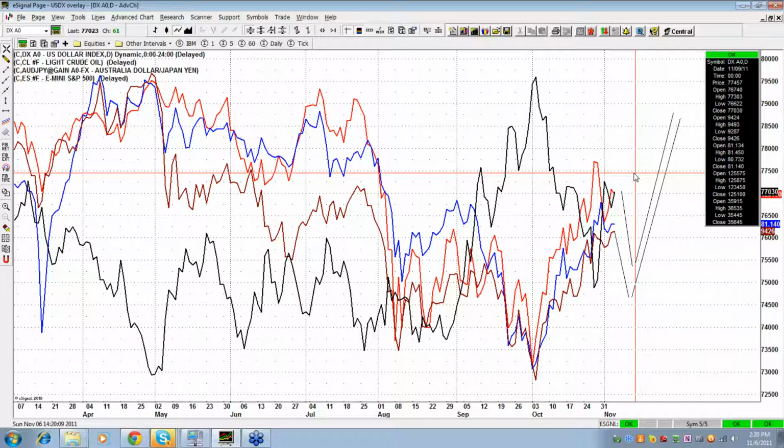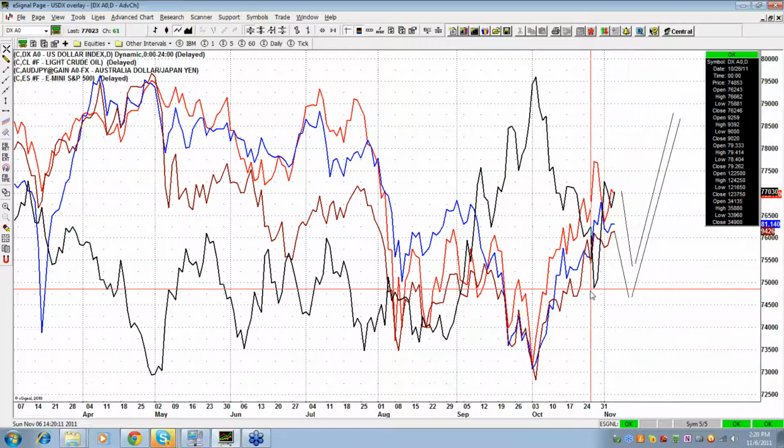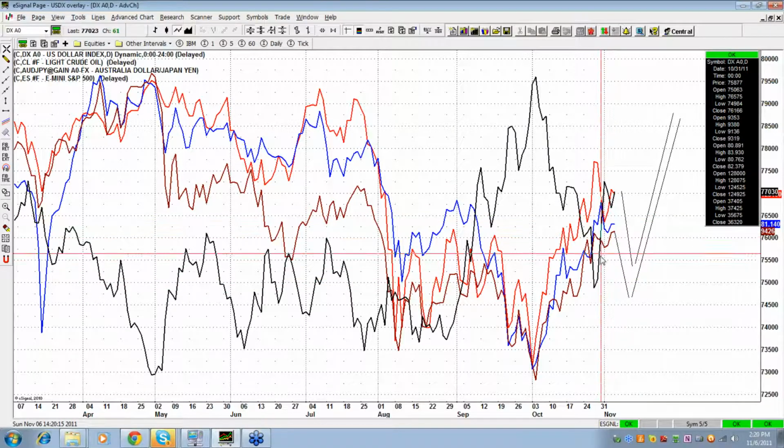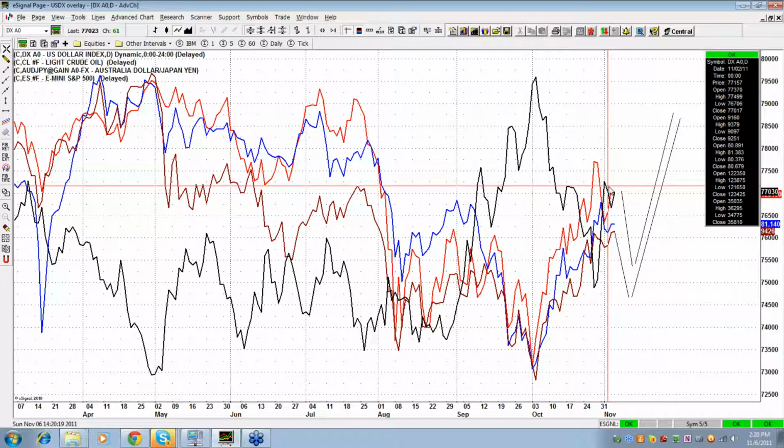But you don't get anything from the index either. The index did a questionable recovery, and from experience, every time I see that type of movement, it is a trap.